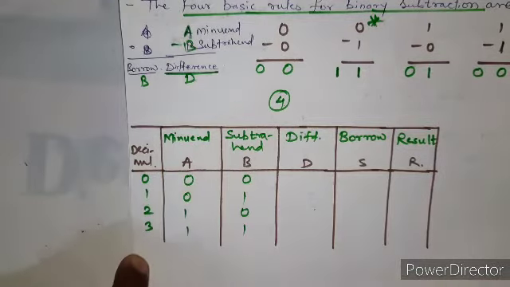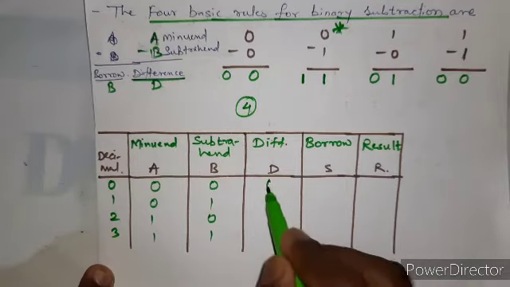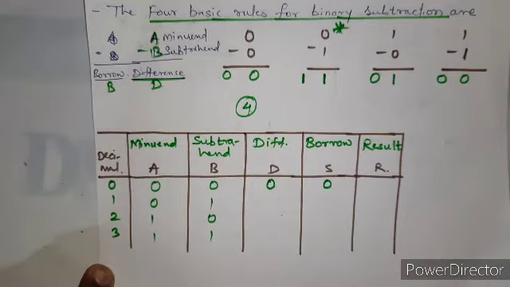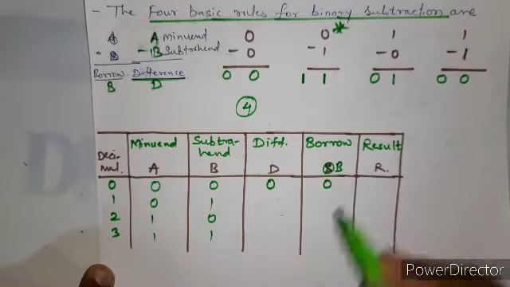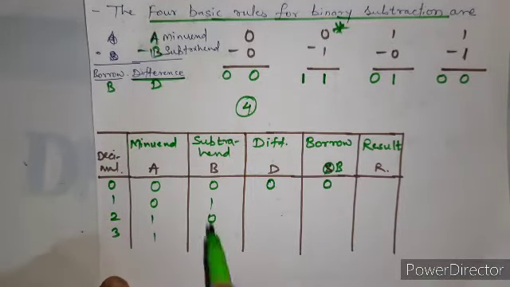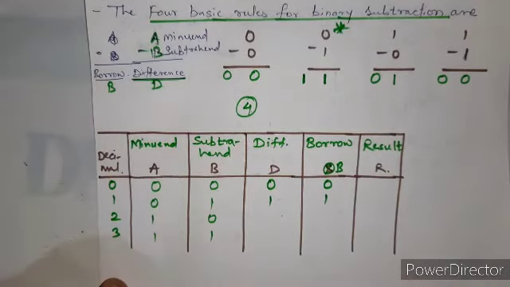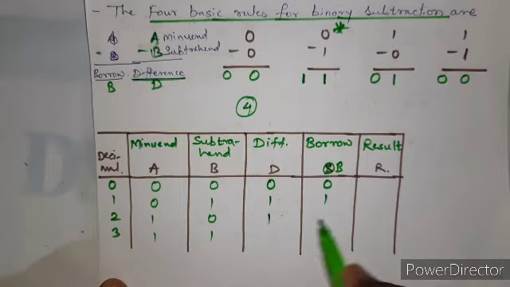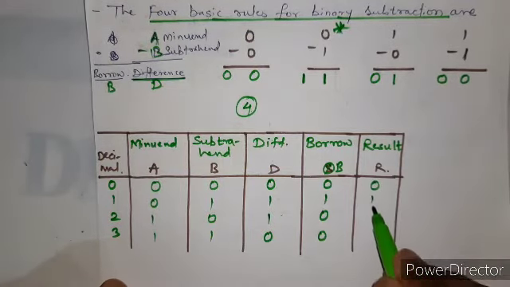Okay, and just now we have seen in this rule 0 minus 0, difference is 0 and borrow is also 0. Oh, sorry, this is B, right? So 0 minus 1, difference is 1, borrow is 1. Okay, 1 minus 0, difference is 1, borrow is 0. 1 minus 1, 0, 0.